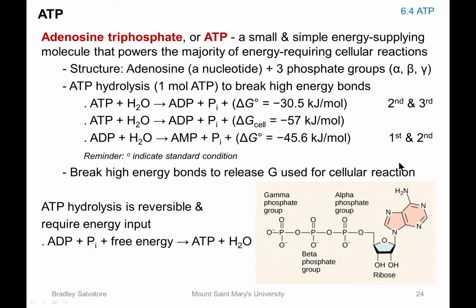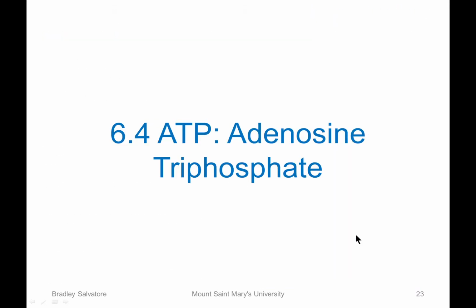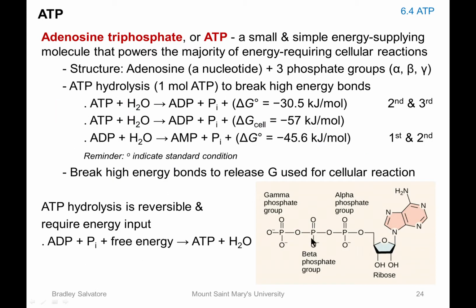And that is between the alpha phosphate and the beta phosphate that you see here. So that's the first and second phosphate, for AMP to form from ADP. And if you break the third phosphate, you will form ADP from ATP. And all of this, we call ATP hydrolysis. Remember, we have all of our reactions before hydrolysis. You require an addition of water in order to break that bond.